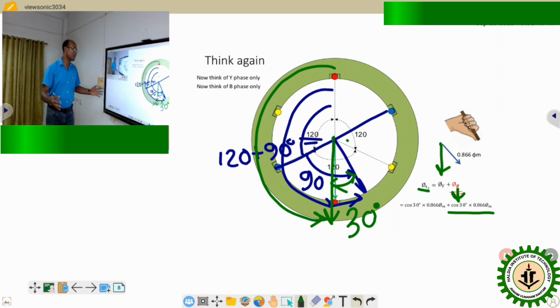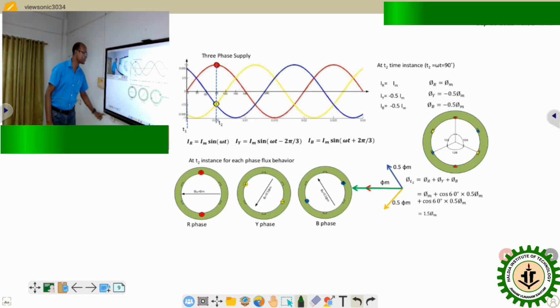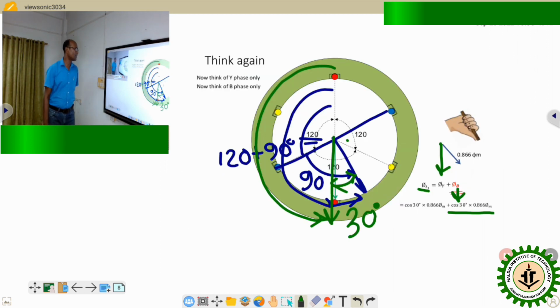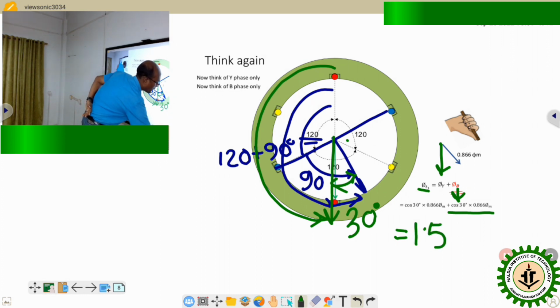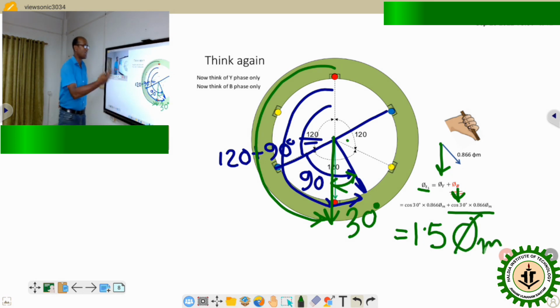Okay, so if we add up all these, we get the expression of the resultant flux, which is 1.5 times phi m for that particular time instant, t1.